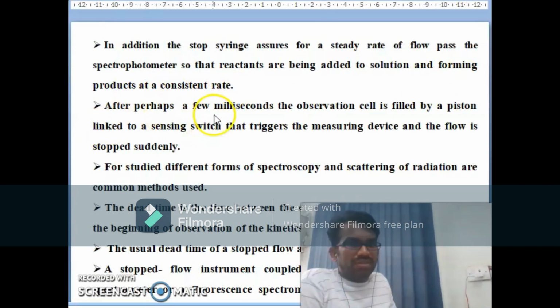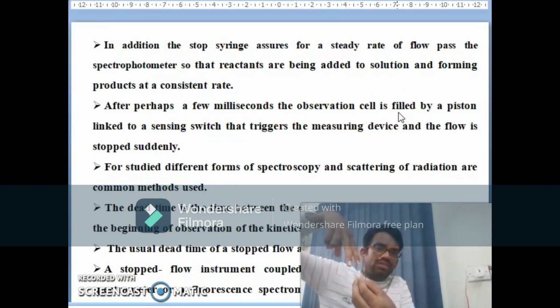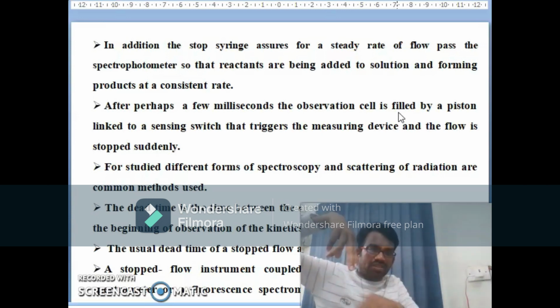After perhaps a few milliseconds, the observation cell, as I told you, with solutions A and B is filled and sensing the switch triggers the measurement device, and the flow is stopped suddenly. What happens? The trigger comes, then slowly the syringe stops, and the flow to the mixing chamber is stopped.